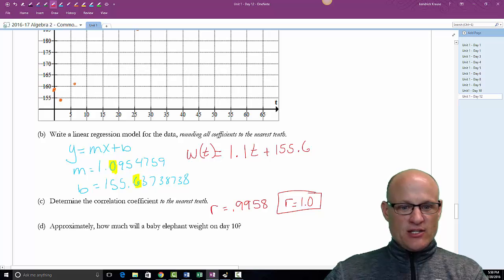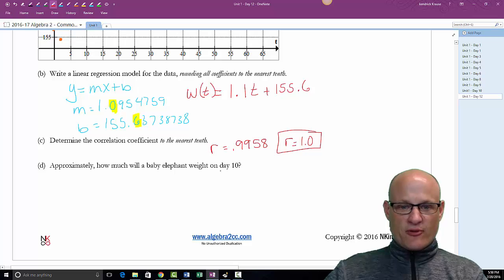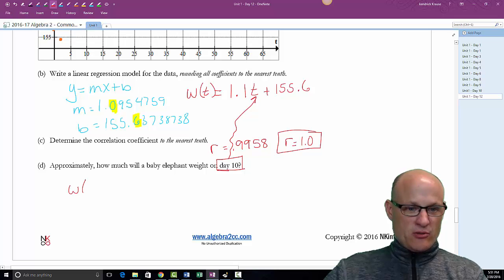There it is. So approximately how much does the elephant weigh on day 10? So what we're going to do is take day 10 and plug it in for time. So w of 10 is equal to 1.1 times 10 plus 155.6.